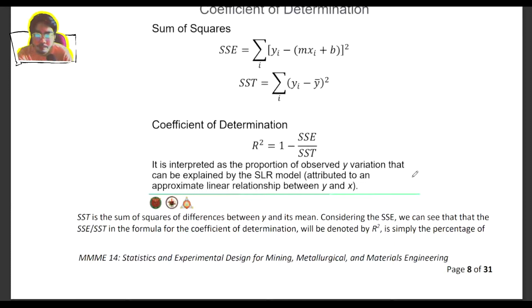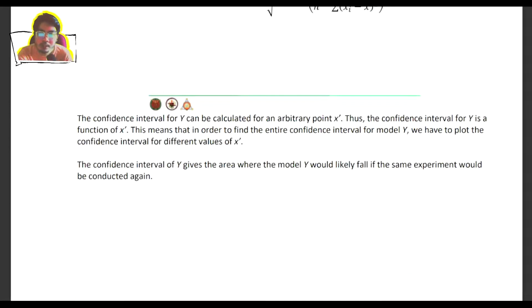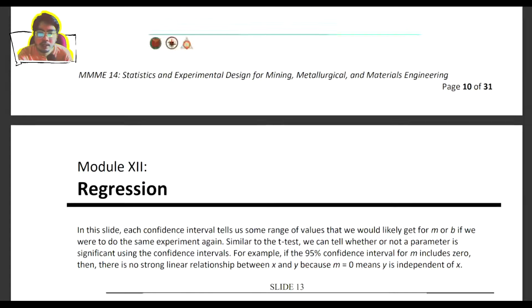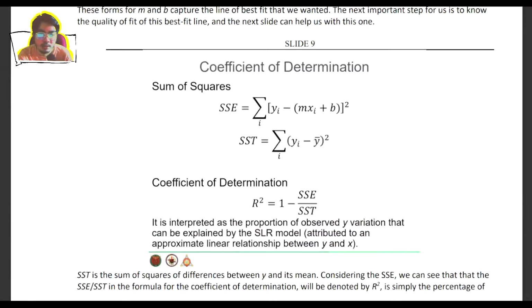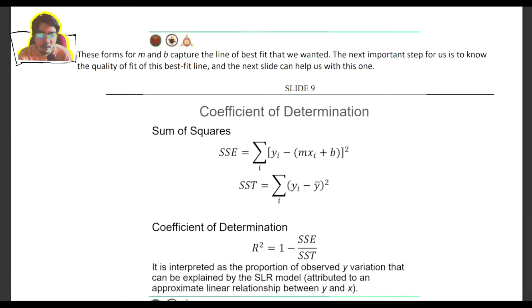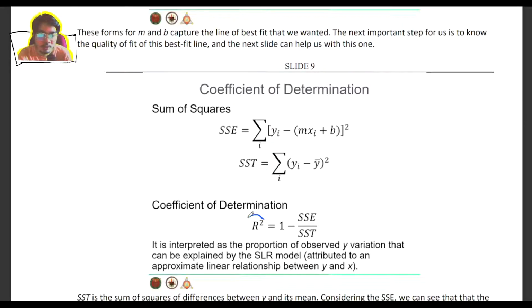So one important concept of the linear regression model is what we call as your coefficient of determination, which is yung R-squared. And we always look at this parang sobrang common ng R-squared na term na to, no?